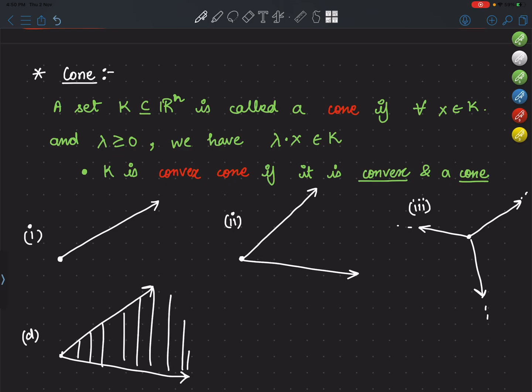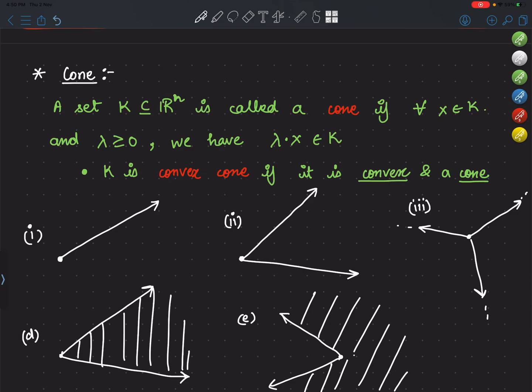So this is also a cone. Actually this is also a cone, and a straight line, it turns out, is also a cone, because it has two vectors and so a straight line is also a cone.